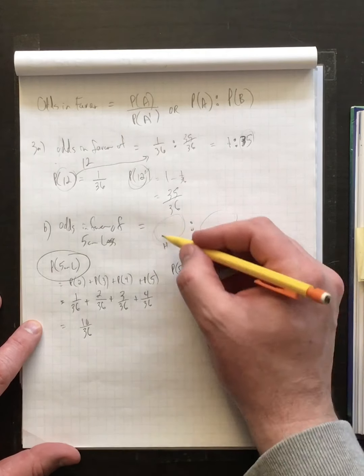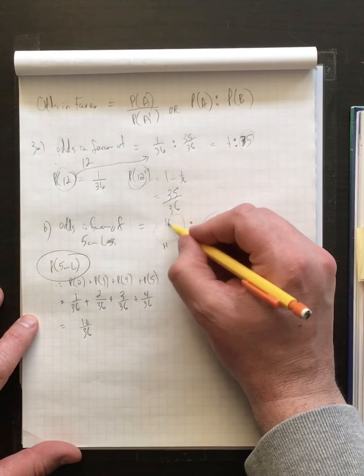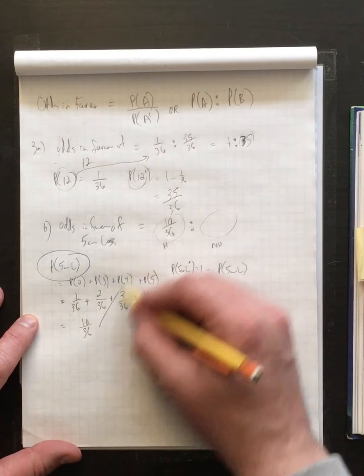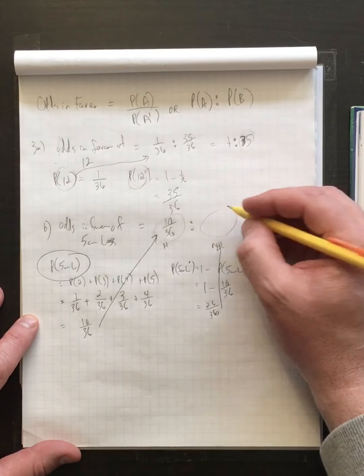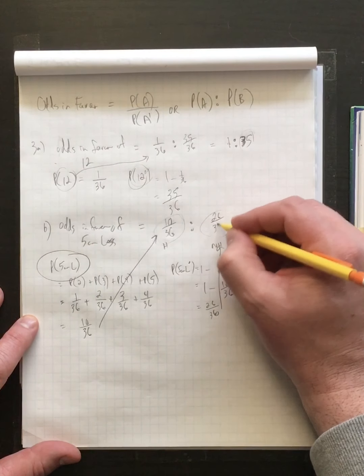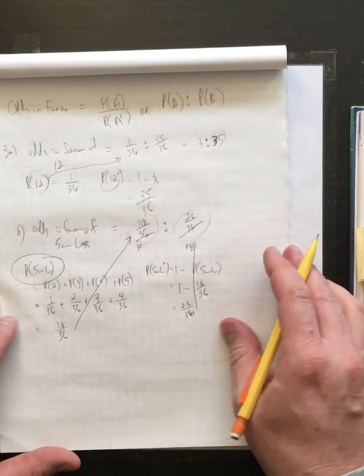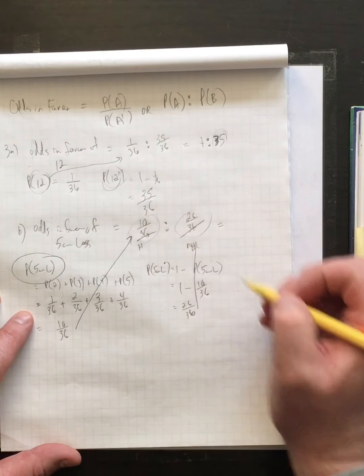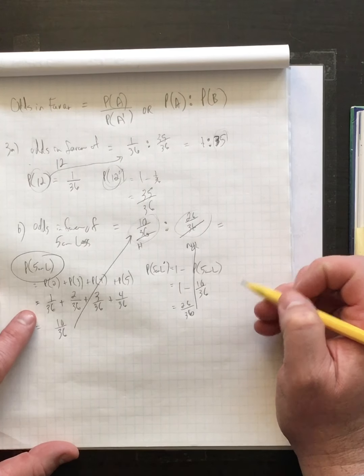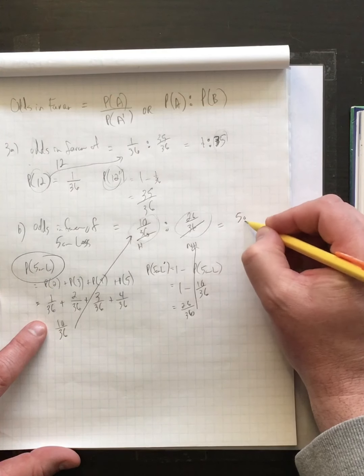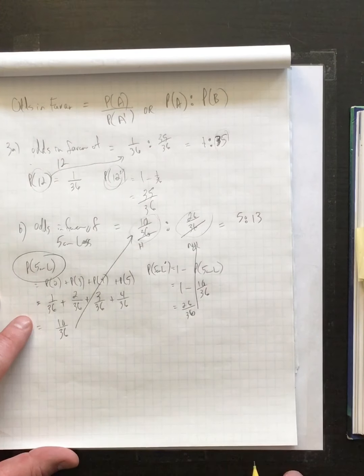Then when we put it in, we get 10 out of 36 for it happening, and not happening is going to be 26 out of 36. Of course, the denominators reduce, and 10 out of 26 we can also write in lowest terms. That's going to be a 5 to 13 ratio.